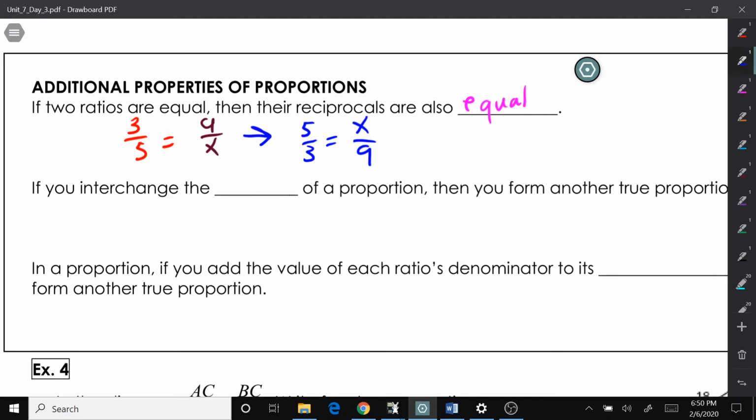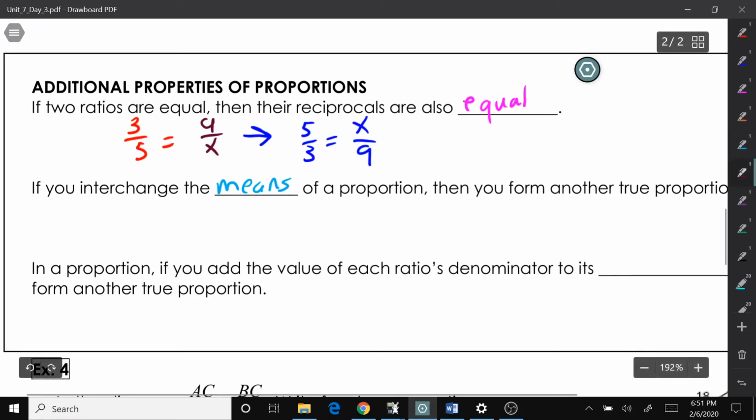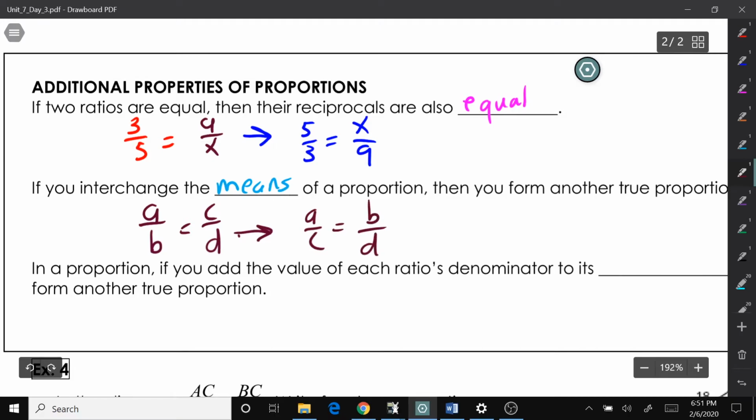The next one, if you change the means of the proportion, then you form another true proportion. So basically what that means is if we have A over B equals C over D, then A over C equals B over D. And that is one that I have not used as much.